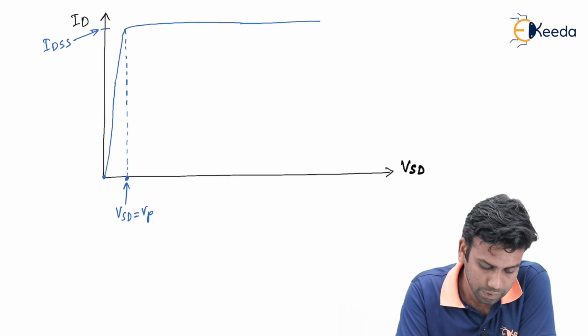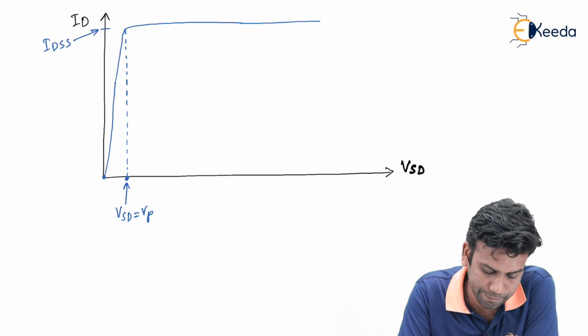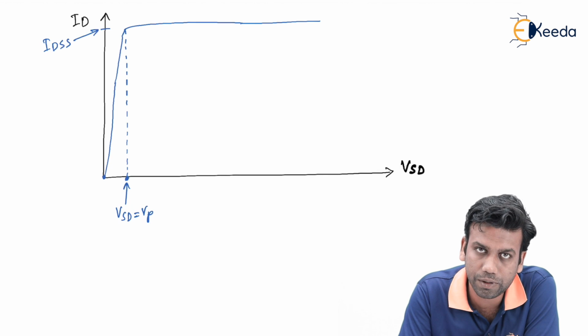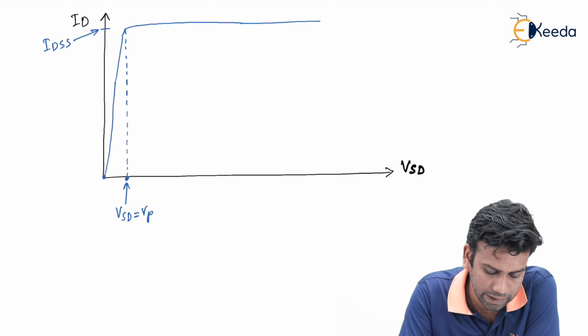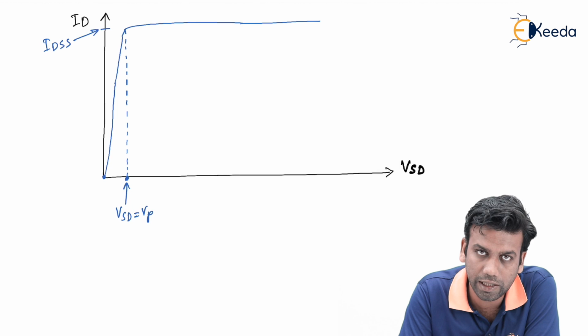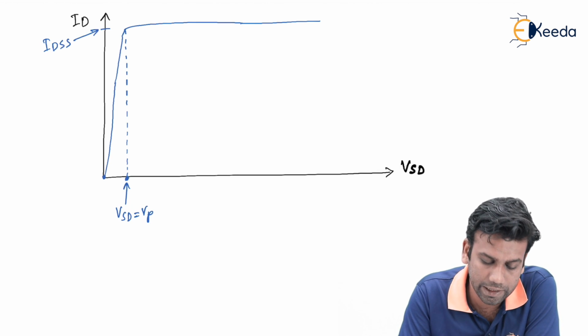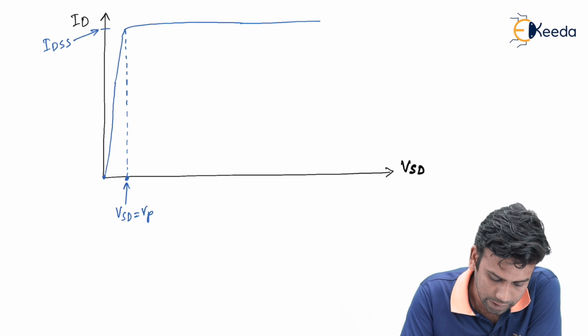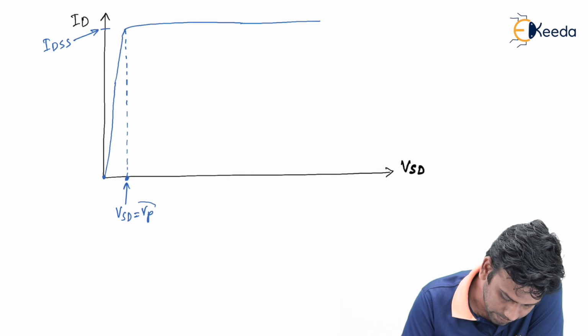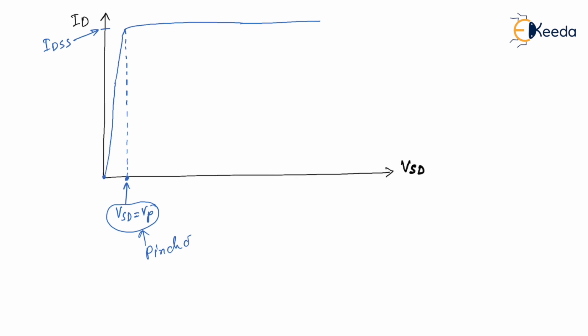because now the depletion region has been widened up and they have touched each other. That's why the cross section of the channel has been shortened. That's why the ID current has been saturated, and this voltage of VSD will be called the pinch off voltage.